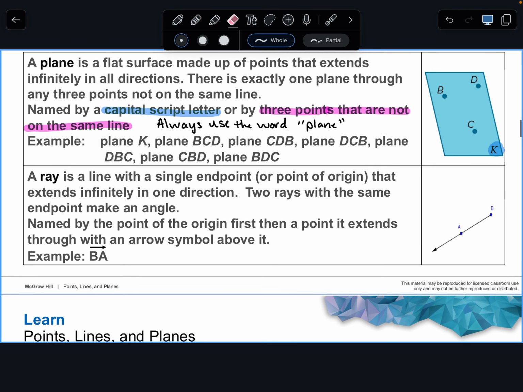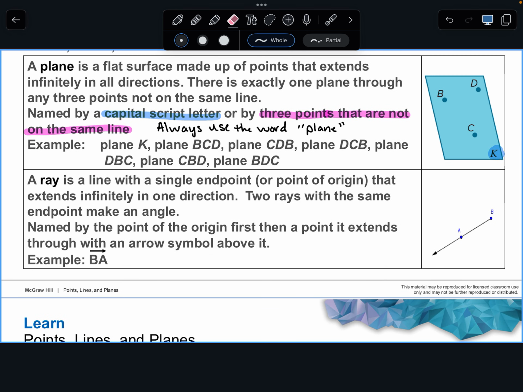Last one, a ray. A ray is a line with a single endpoint or a point of origin that extends infinitely in one direction. So it has a starting point. Let's look over here at our example. This is a ray. Here is its endpoint, or what I call the starting point.